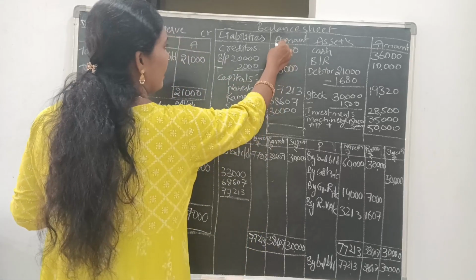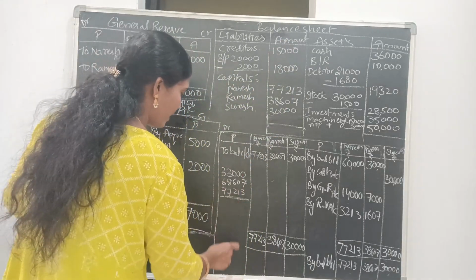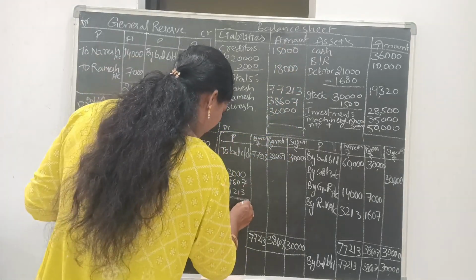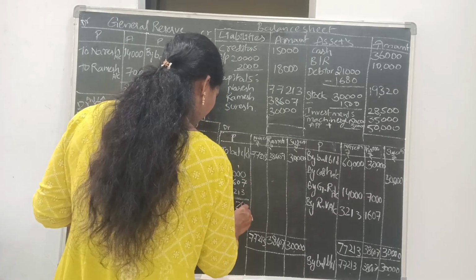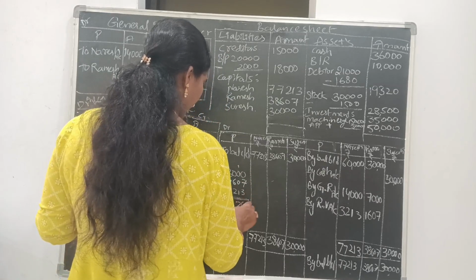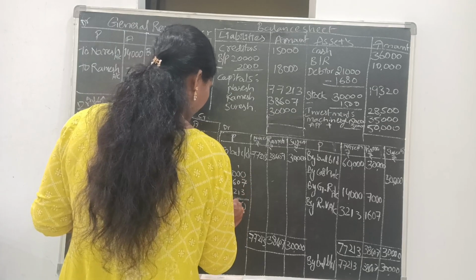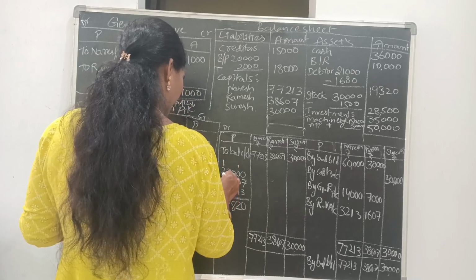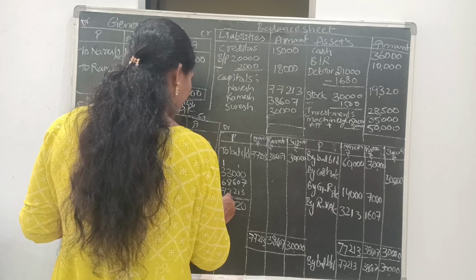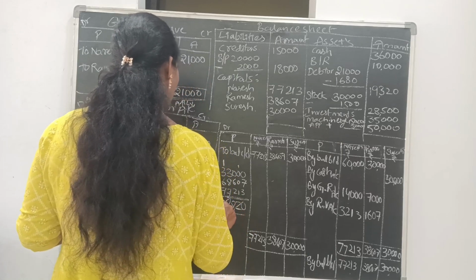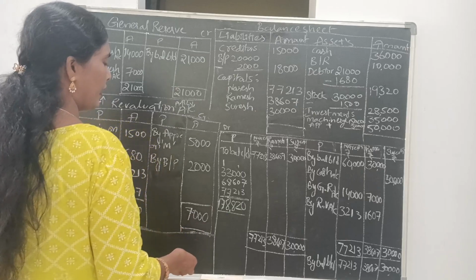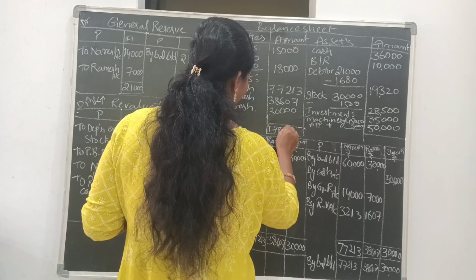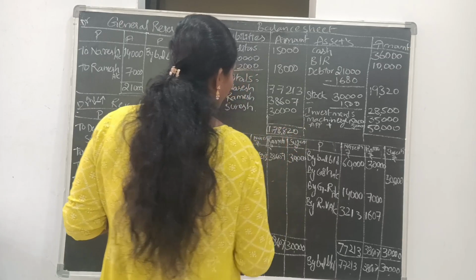I'm not writing each and every value, I'm adding two values at a time. So 1,78,820 is the liability side.